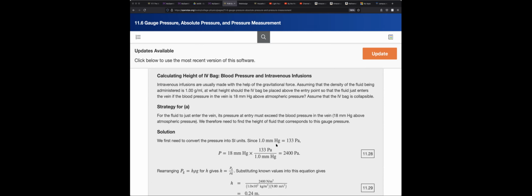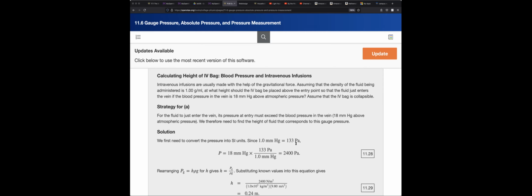The tube will appear clear if the fluid is going into the arm, if the bag is high enough that it's creating a pressure. So the higher you lift the bag, the more height there is between the top of the fluid and the bottom of the fluid, and that creates more pressure at the entry point.